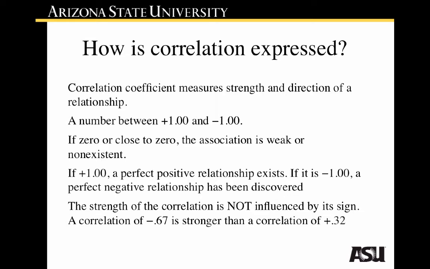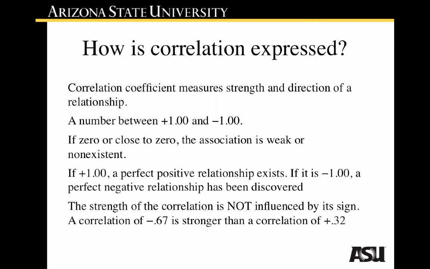So how is correlation expressed? It basically measures strength and direction of a relationship. And a correlation can be a number anywhere between positive 1 and negative 1. If it's 0, or if it's really close to 0, then that association is weak or non-existent. That is, there's probably not a correlation at all. If it's positive 1, there's a perfect positive correlation.